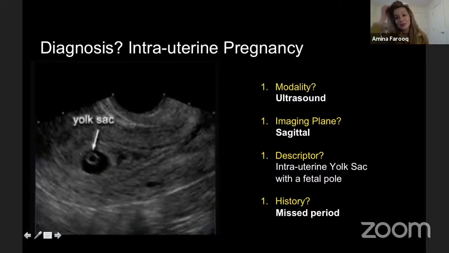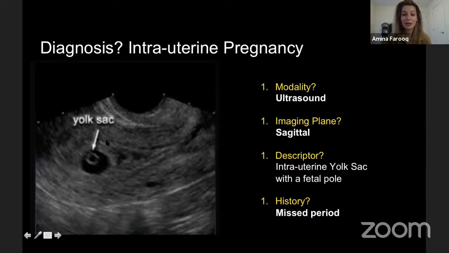A lot of times though, when these patients come to us, they already know they're pregnant, and they're more concerned because they're either having vaginal bleeding or they're having pain, and they're concerned that something might be wrong with the pregnancy. So part of the role is to check for viability. Are we hearing a fetal heart rate?